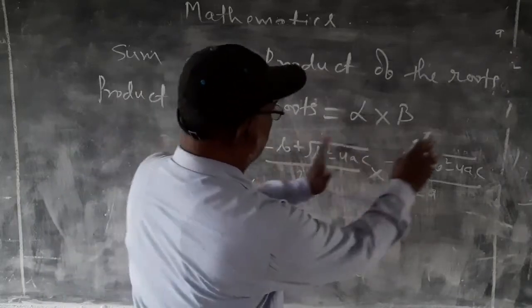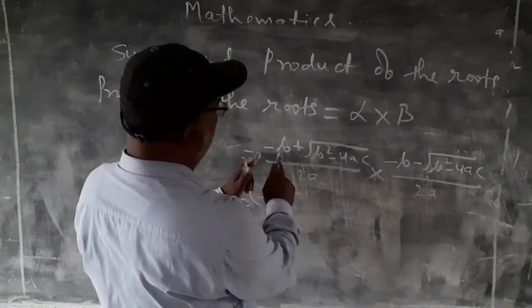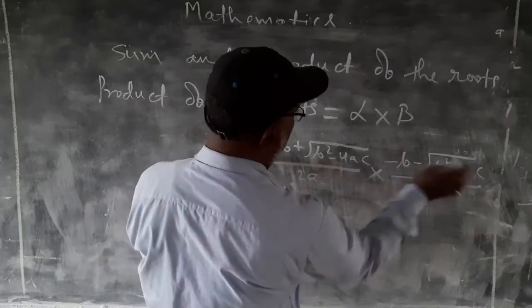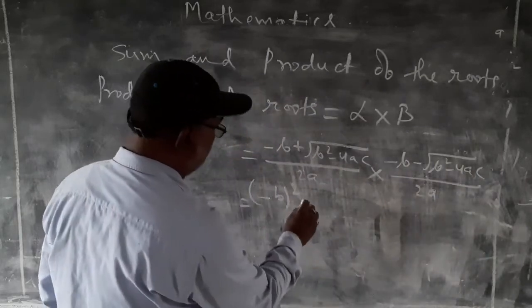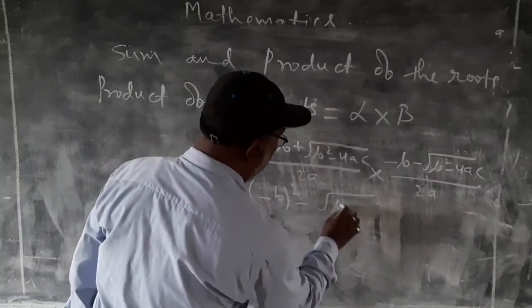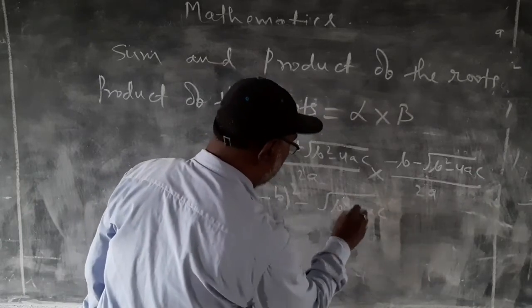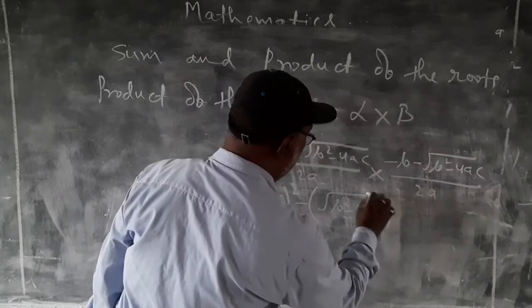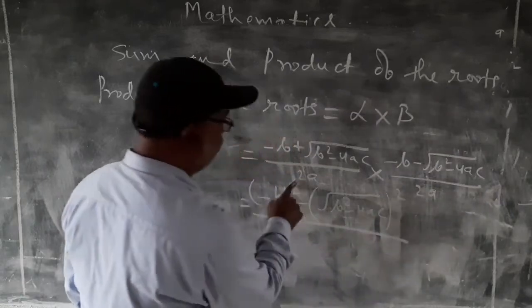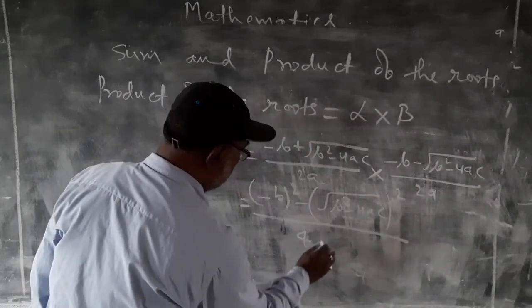And you can take it in the bracket also, (a plus b) into (a minus b), a square minus b square. So minus b whole square, minus under root b square minus 4ac whole square, and 2a multiplied by 2a is 4a square.